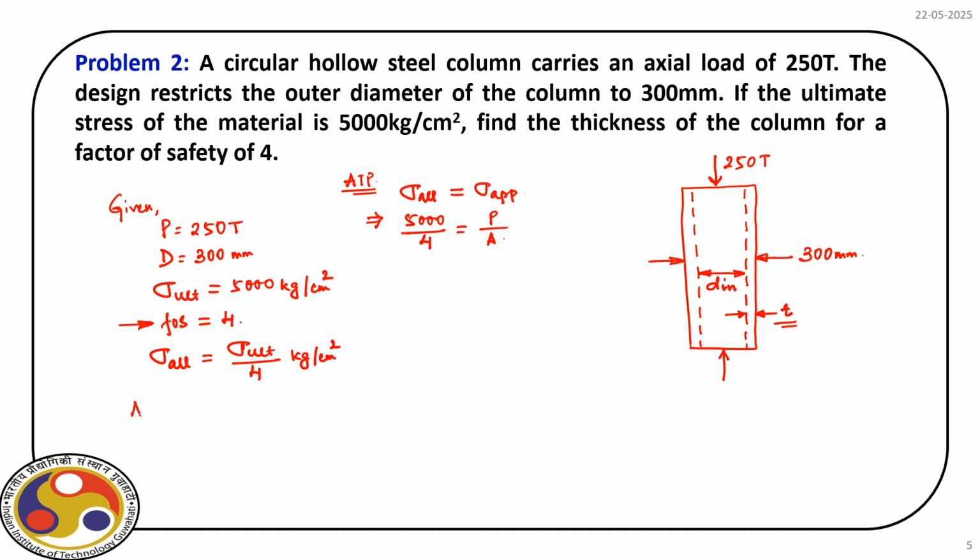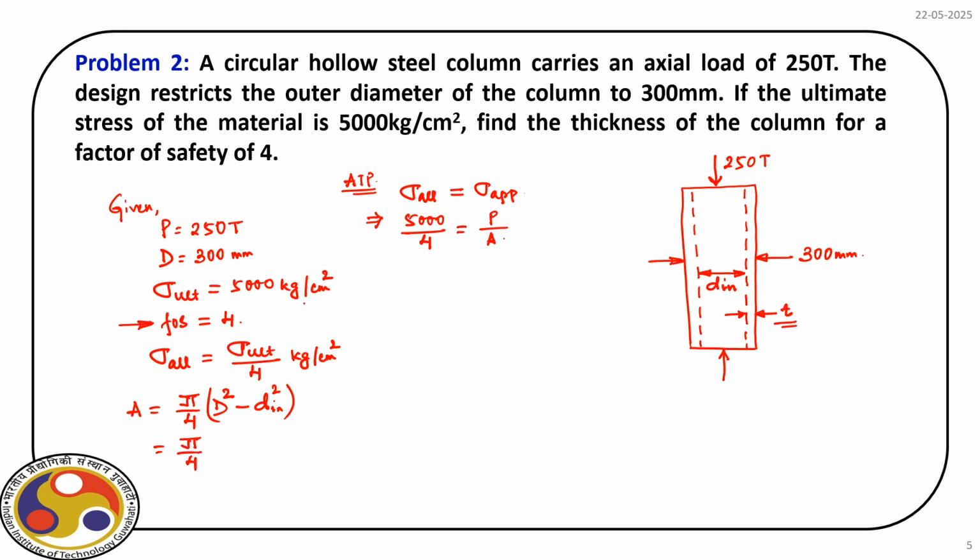So, what is A? A is equal to pi by 4 times outer diameter D square minus small d inner diameter square. So, that is the cross sectional area.